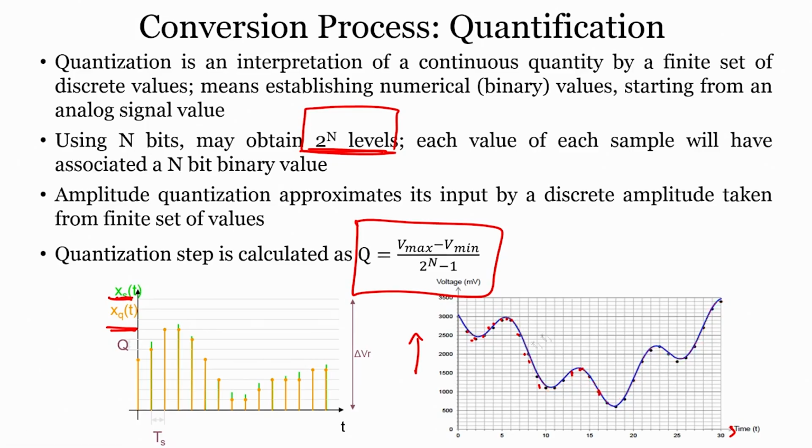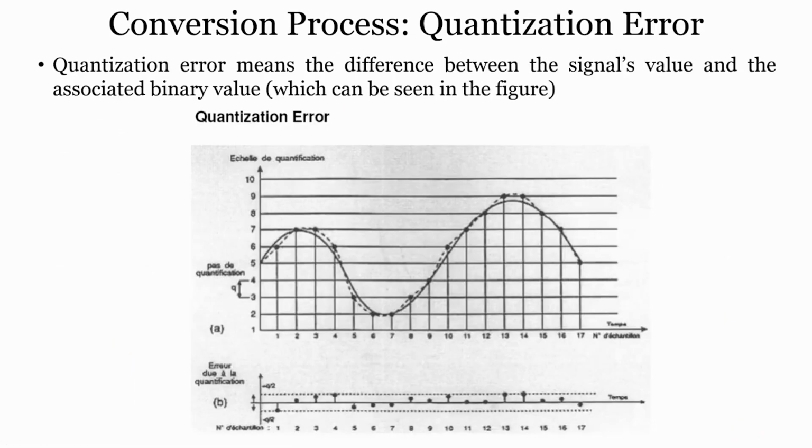The point is that for n bits we will have 2 raised to n levels, and each sample will have associated n-bit binary values. That is very important to remember. Now, quantization error: what does it mean? It means the difference between the signal value and the associated binary value.